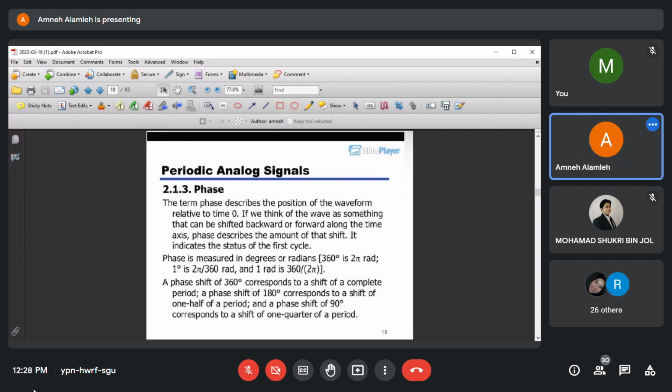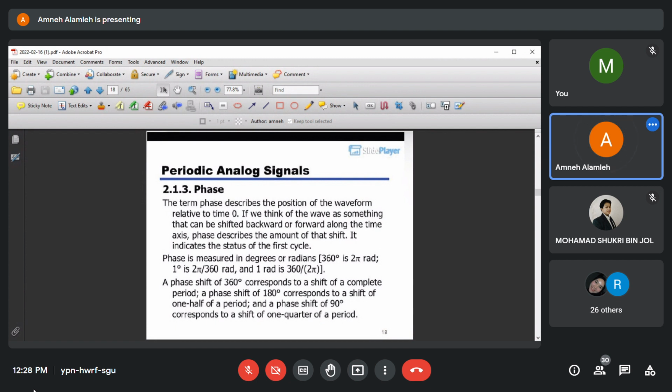A phase shift of 180 degrees corresponds to a shift of 1/2 of a period, as we see in the previous example. And a phase shift of 90 degrees corresponds to a shift of 1/4 of a period.